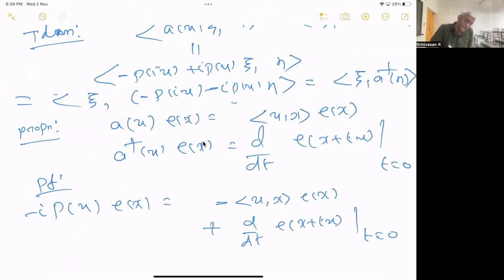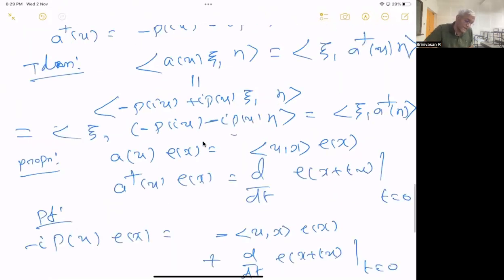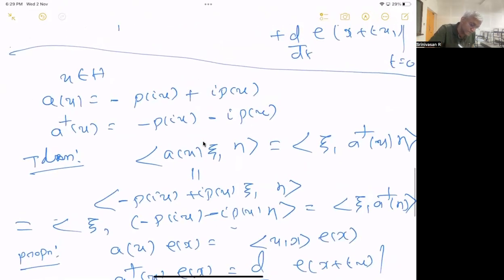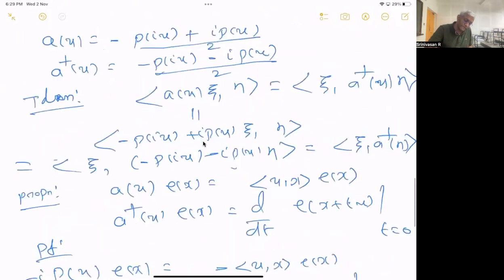You will get an IU here, which will come out, since it is conjugate linear in the first variable. So minus I will come out there, so it will become plus UX. There is a by 2, sorry, in the definition of A and A dagger there is a by 2.